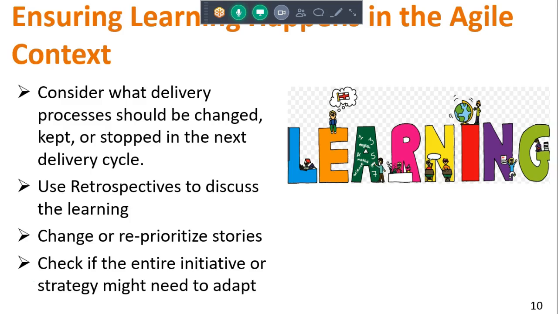These are common techniques that should be implemented in an Agile environment, and the goal is obviously to learn. The goal is to say, we need to adapt our processes, and we need to adapt the things that we're doing to better support what we're doing. So it all blends together.